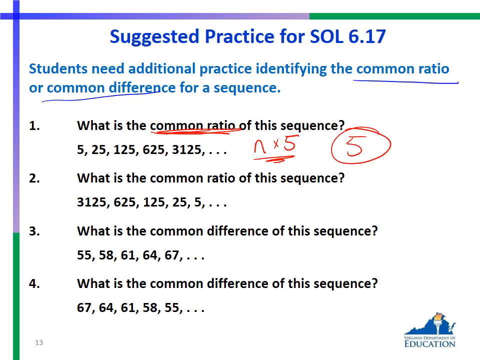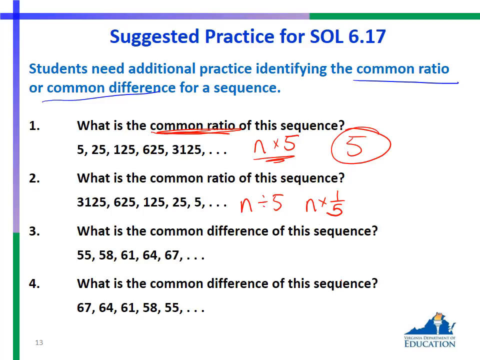So what's the common ratio of this sequence? 3,125, 625, 125, 25, and 5. The rule for this you can write 2 ways. You might see it either way: n divided by 5, or n times 1/5.